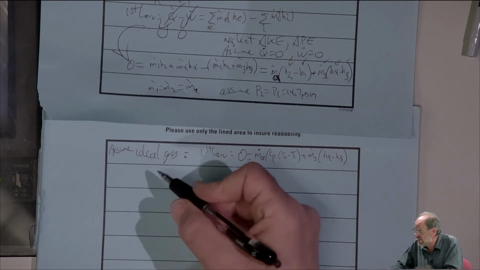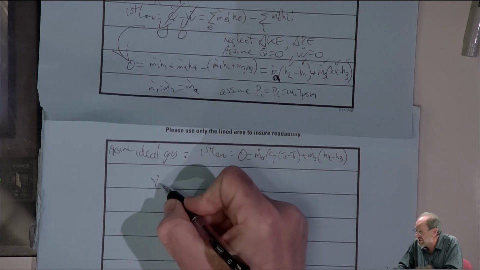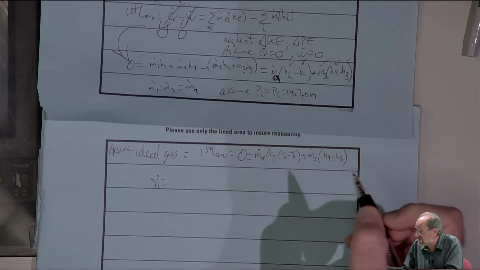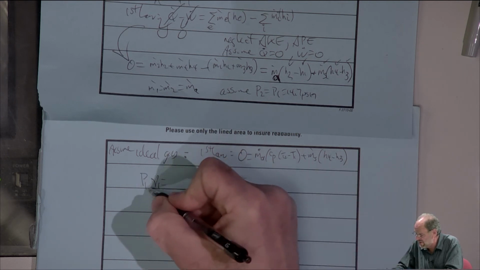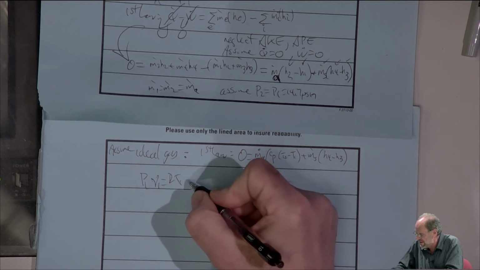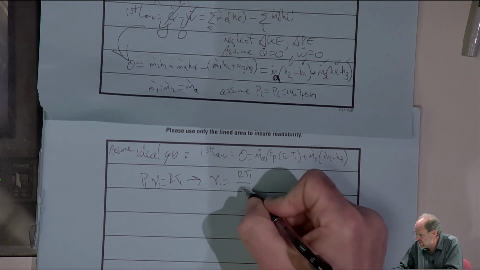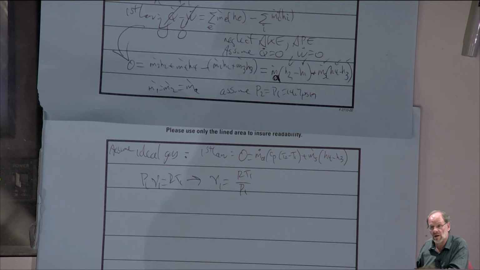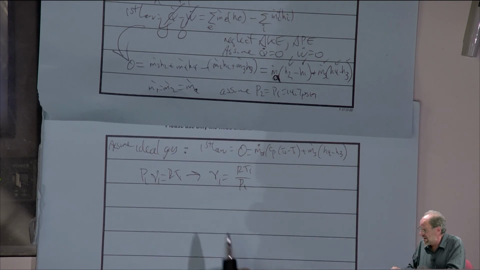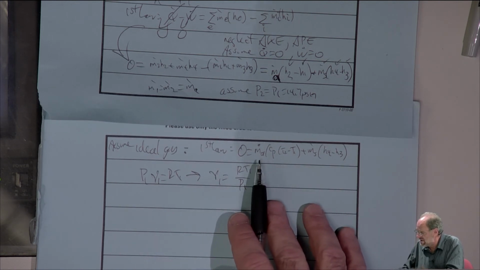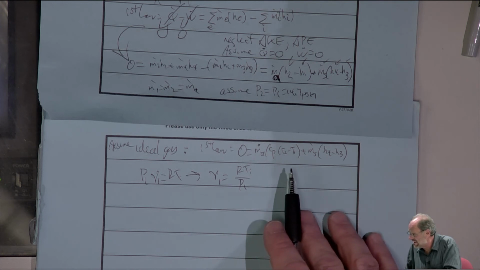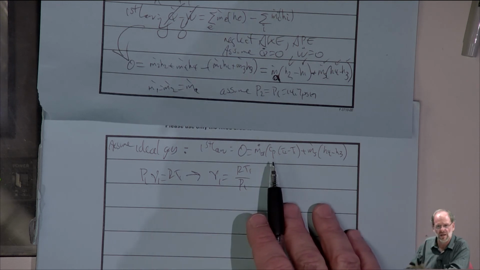Continuing, we talked about finding the specific volume at 1. We know that PV equals RT, so we're going to have to use this equation in order to find the specific volume at 1. And then the last thing we have to address is, what about Cp?